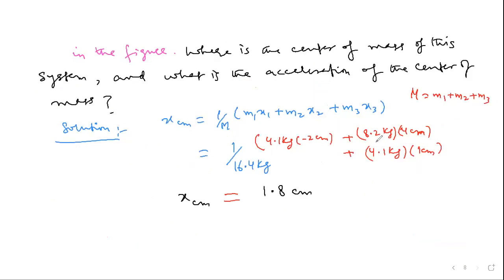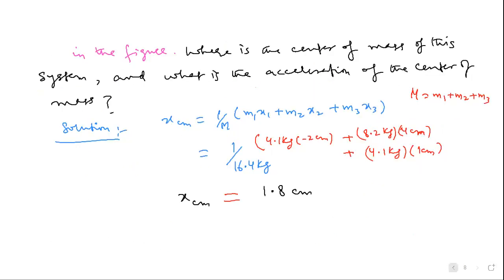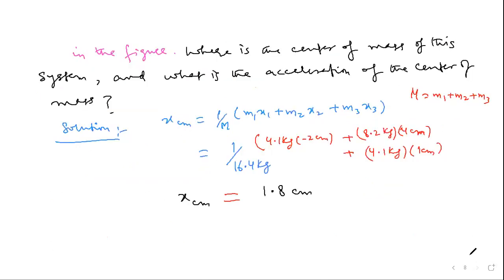Then there is m2, 8.2 kg into 4 centimeter; m2 is here, its x coordinate is 4 centimeter. Then 4.1 kg is m3, its x coordinate is 1 centimeter. So when you evaluate it, you get the answer equal to 1.8 centimeter. So this is my xcm.